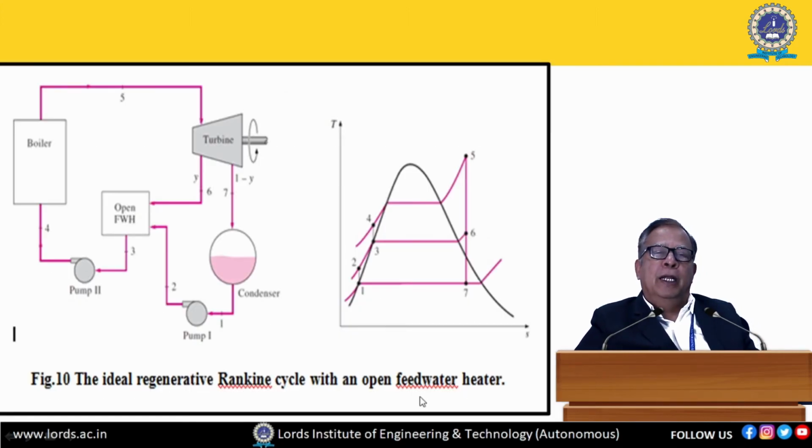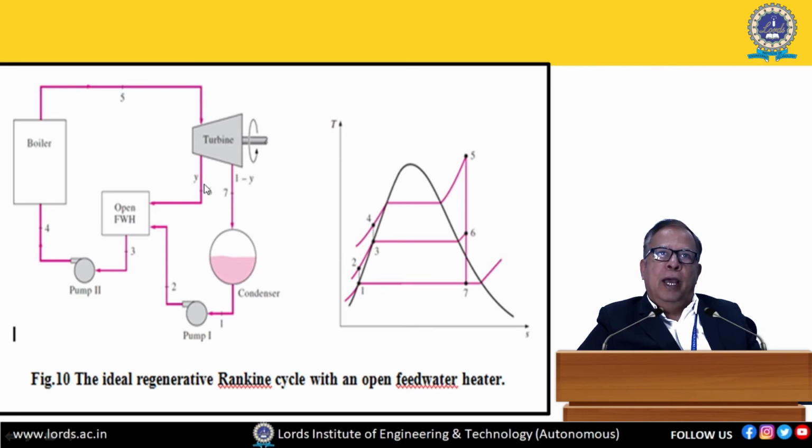You can see the practical cycle here. This is an ideal regenerative cycle schematic, and then this is a TS diagram, the cycle which has been marked on the TS diagram. You can see from the boiler, the high superheated steam is passed into the turbine, and then after expansion at intermediate pressure, part of the steam is bled or extracted.